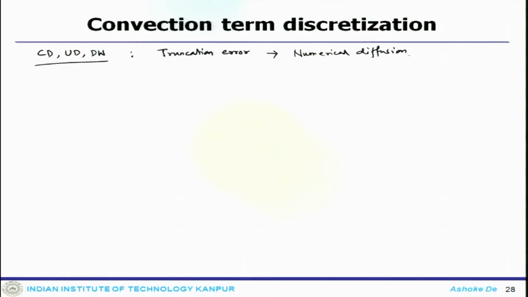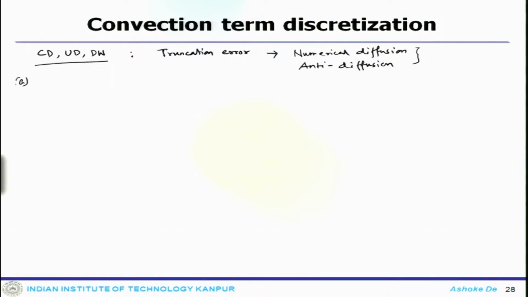So, once there is numerical diffusion, one has to take care in such a way that some anti-diffusion also be there to handle this kind of diffusion. So, the numerical diffusion actually takes away the solution from the exact solution. Now, we will look at again, scheme wise, what are the errors and what are the issues associated with it.